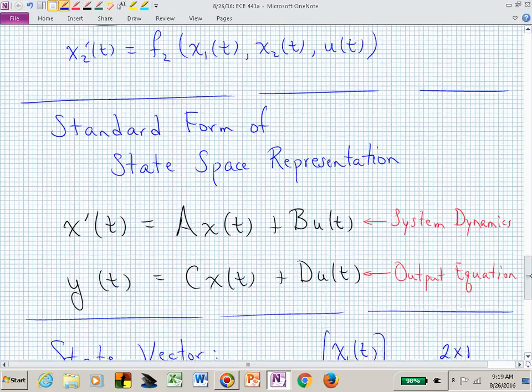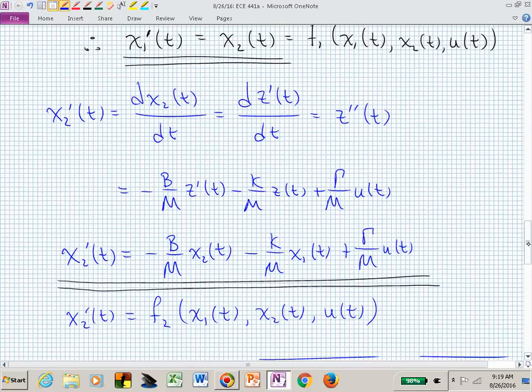What about the second row? Maybe I should have moved these around because it's nice to go x1, x2, u in terms of the progression. Here's a term that involves x1, and it has a coefficient. Where's that going to be positioned in my A matrix?